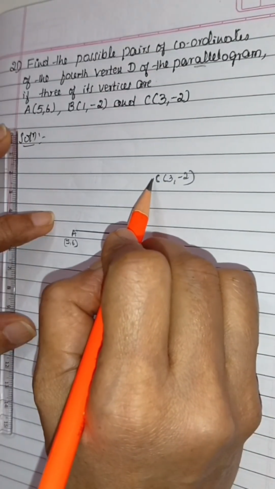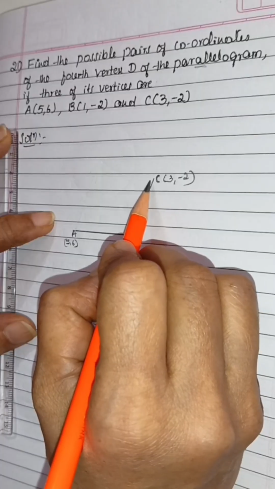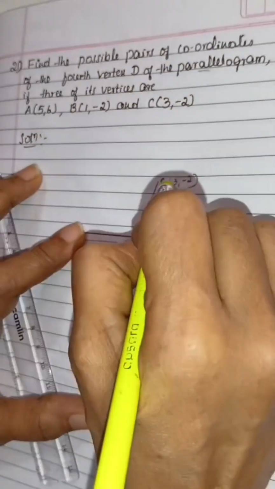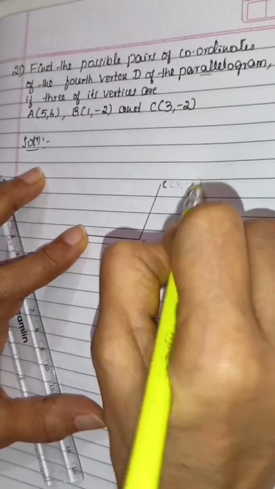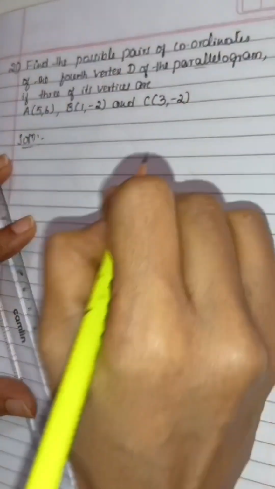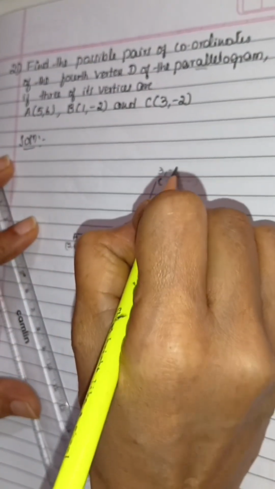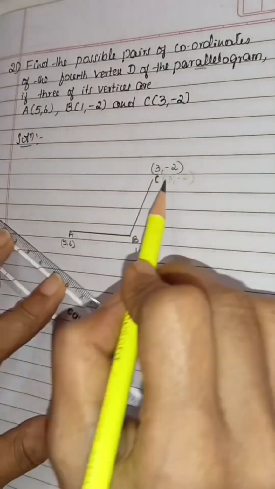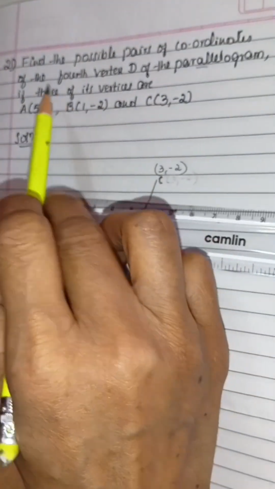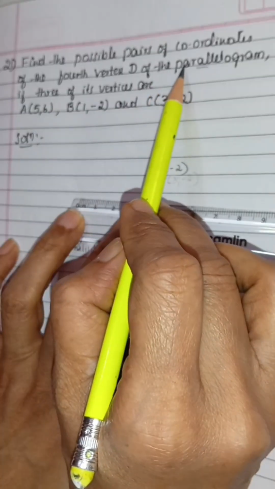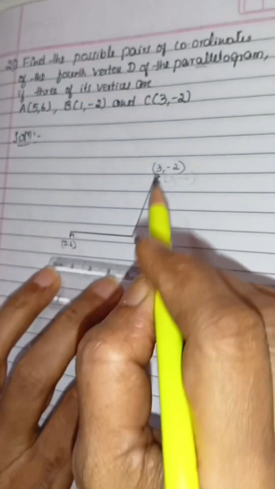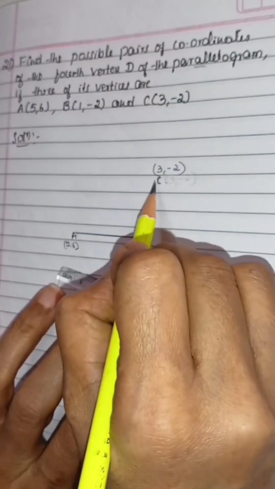I'll write here 3 and -2. If you draw the fourth vertex D of the parallelogram, there is a possibility of D being here, in this way.